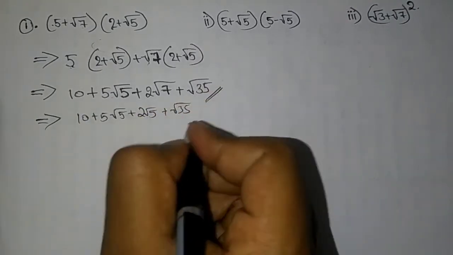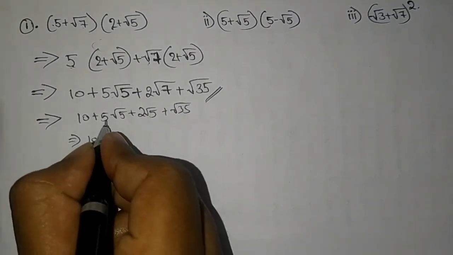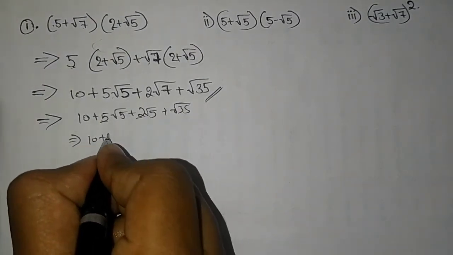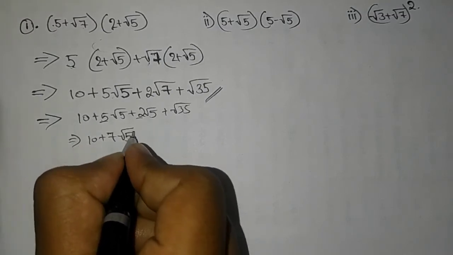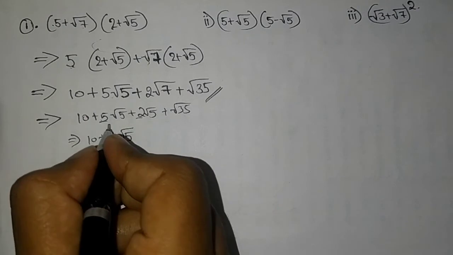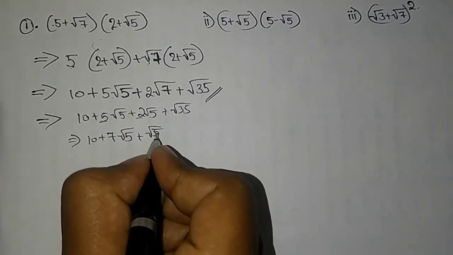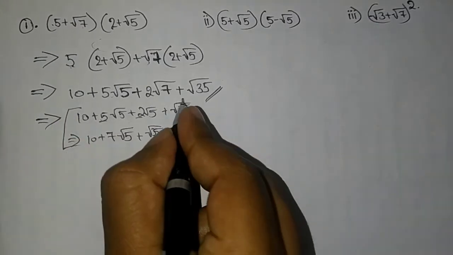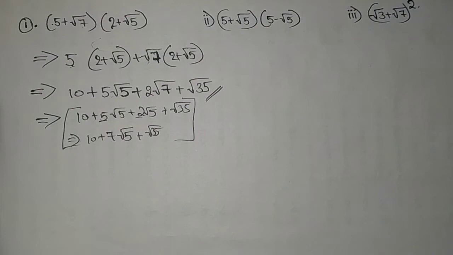Then the final answer is going to be 10 plus 5 plus 2, 5 plus 2, 7 root 5, since root 5 and root 5 are same, you can add this, plus root 35. But I am not going to consider this. Why? Because this is our given question.